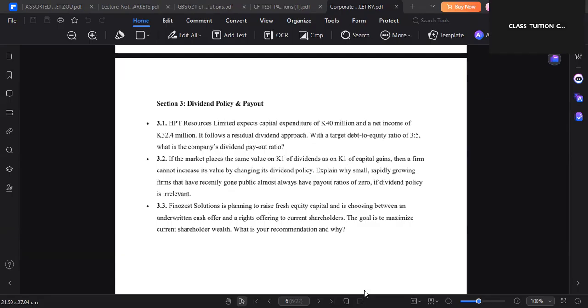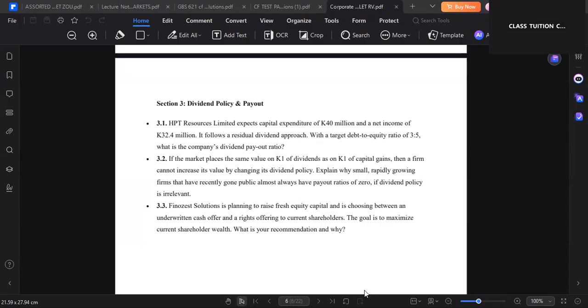That investors don't care how they get money, whether as cash now or as capital gains, which is share price increasing later. So changing dividend policy does not change what? The company value.